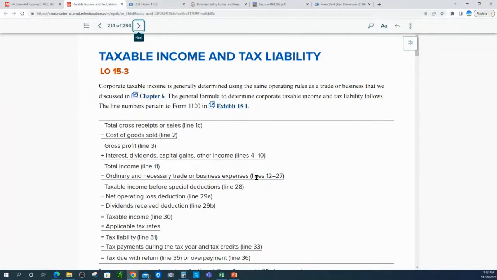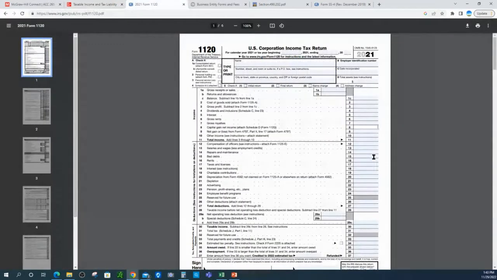And then we have ordinary and necessary trade or business expenses. So again, ordinary and necessary. Now, one difference from partnerships is that we've got compensation of officers. Officers and shareholders can be employees. Remember, partners can't be employees of the partnership.